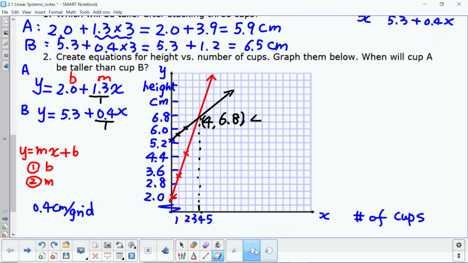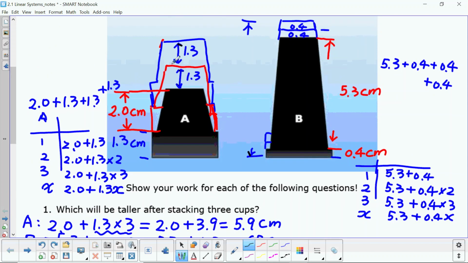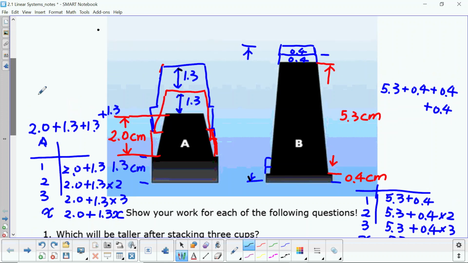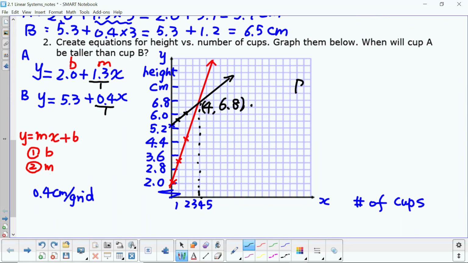So what this point means is that when you stack 4 cups for cup A and cup B, the 2 cups will have the same height. The reason is that this one goes up each time more than the second cup, so it can reach up to the second cup. So that is a point of intersection.